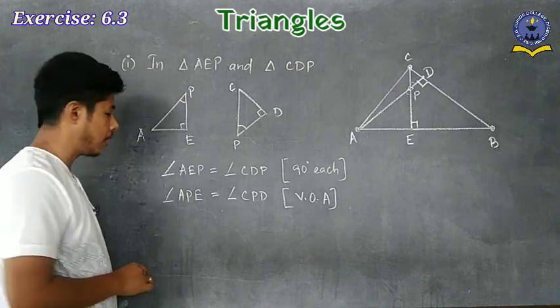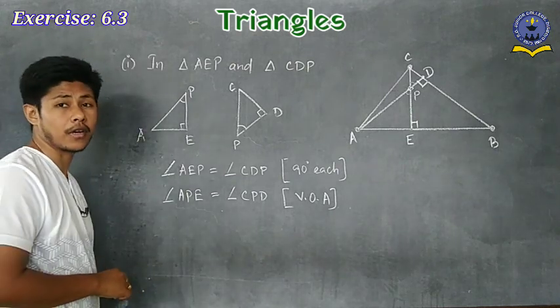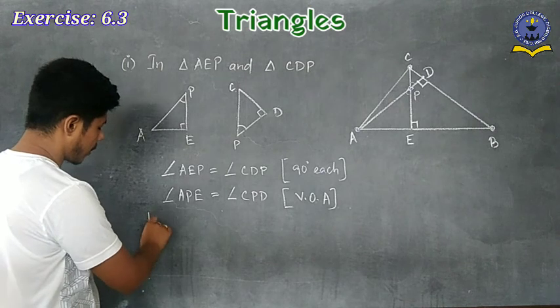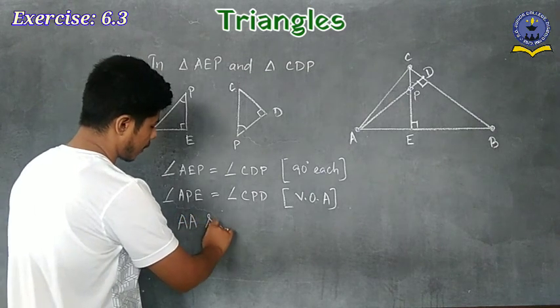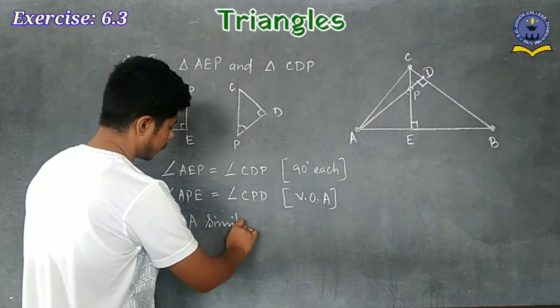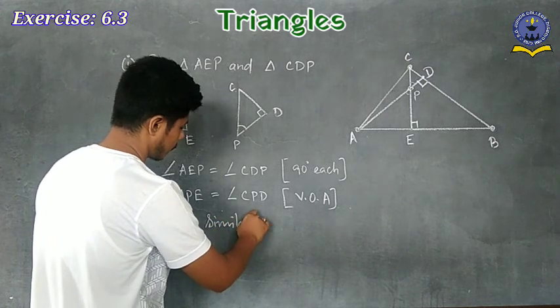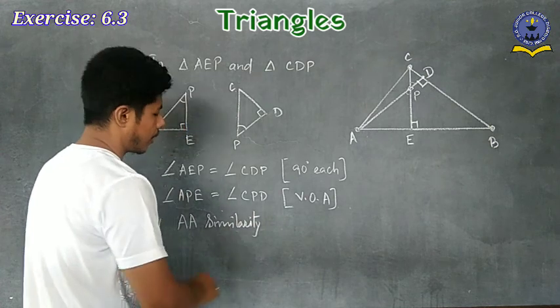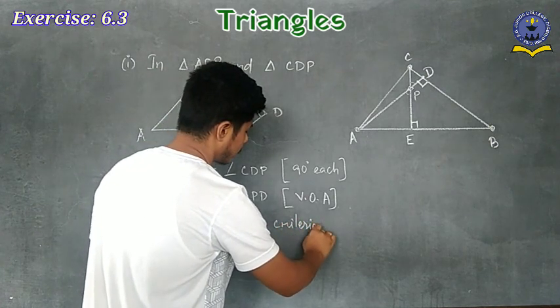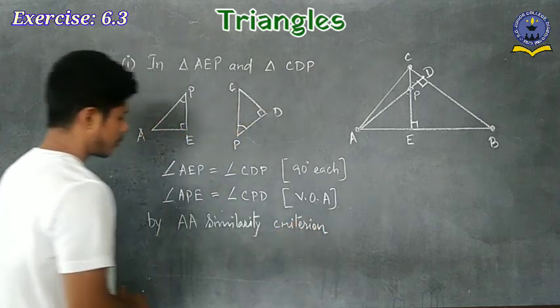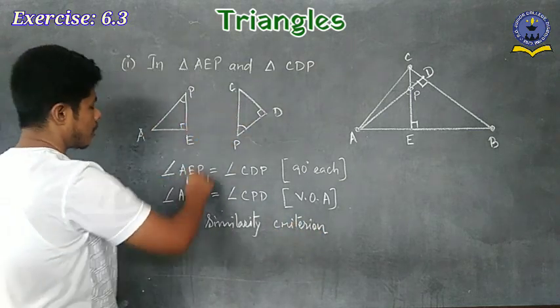If two angles are equal, then which criterion can we apply? By the angle similarity criterion. So we write by angle similarity criterion, and easily we can write these two triangles are similar.